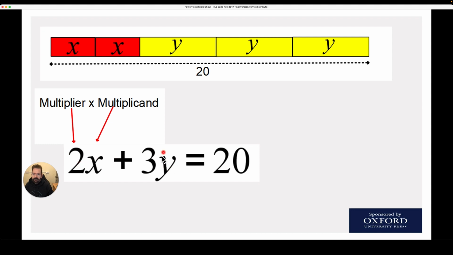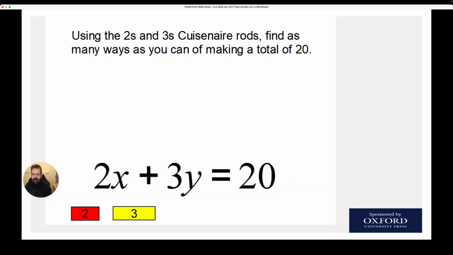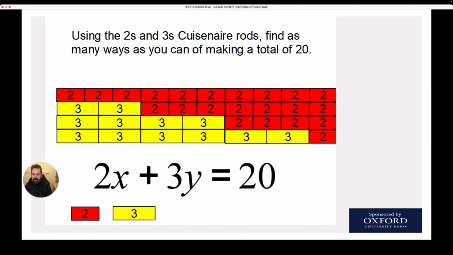And here the multiplicand is y, and it's being multiplied 3 times. However, we can turn all of that on its head if we use Cuisenaire rods. In these diagrams, 2 is the thing being multiplied, and x is how many times I multiply it, and here 3 is the thing being multiplied, and y is how many times I do that.